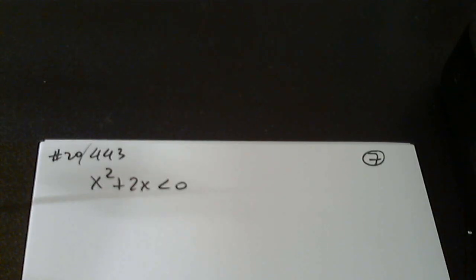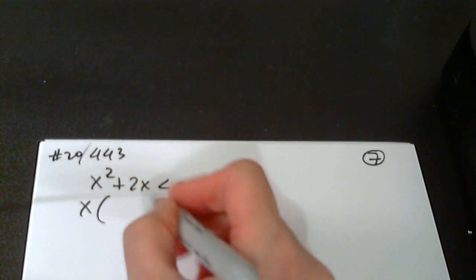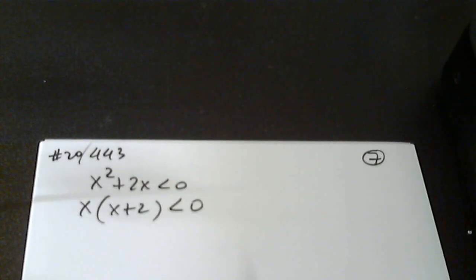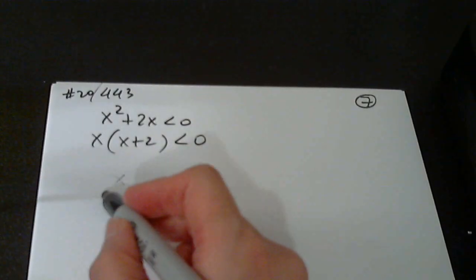Anyone, please? The greatest common factor. We've done that. Descending order, greatest common factor. X. Yes. And what is left in parentheses? X plus 2. That's it. We're done. Table.